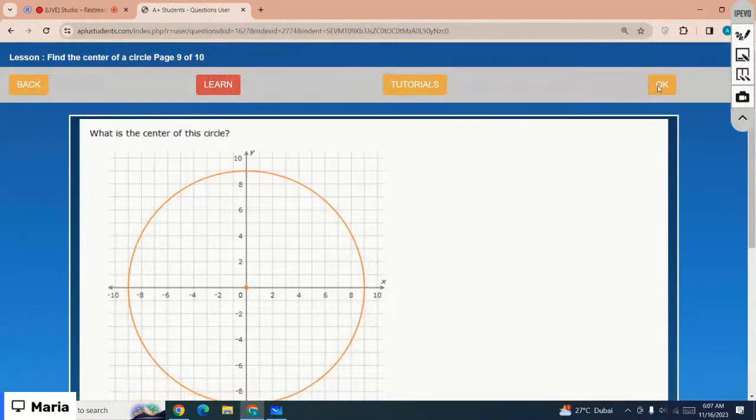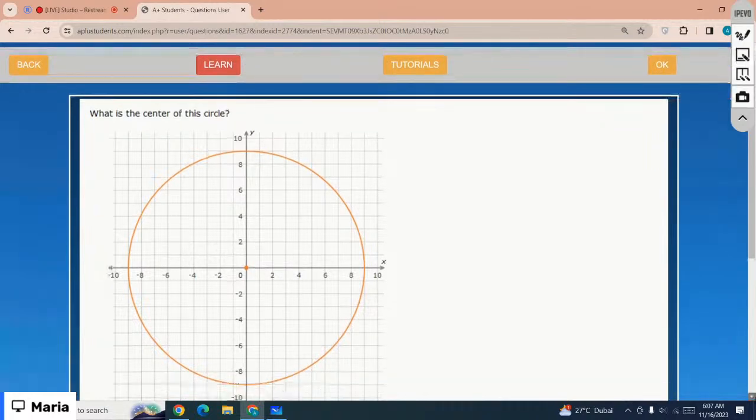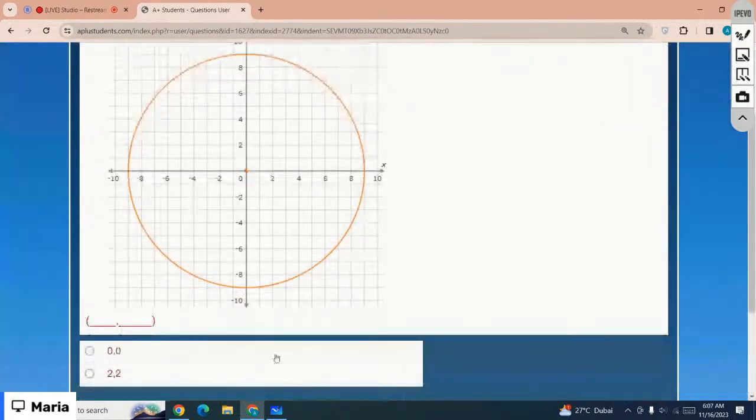What is the center of the circle? Yes, the center of the circle is the origin, right? They both are 0, 0, right? The correct option is 0, 0.